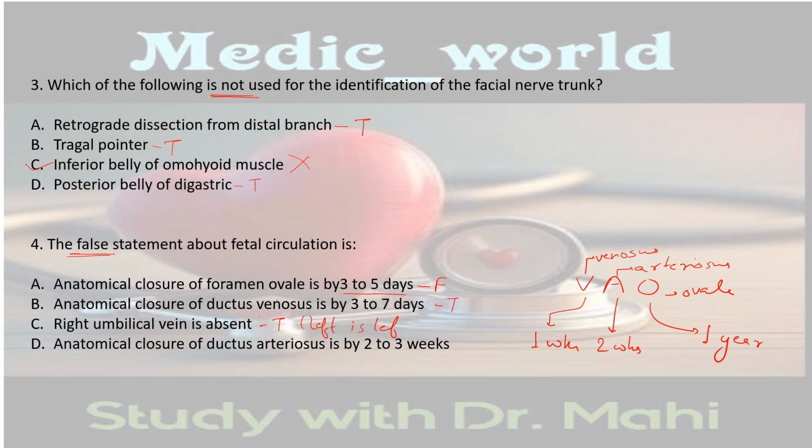We all know this mnemonic. Now, the last statement, anatomical closure of ductus arteriosus is by 2 to 3 weeks. Arteriosus 2 to 3 weeks. It is the true statement. Now the answer is option A.